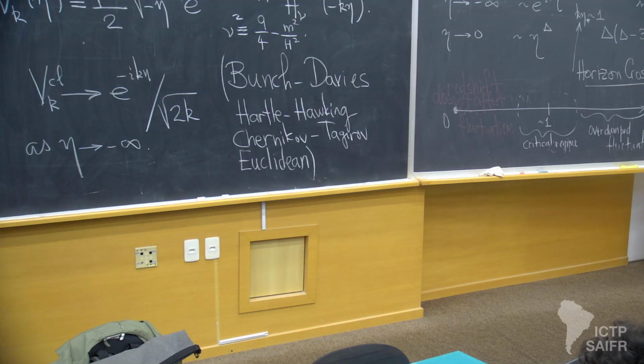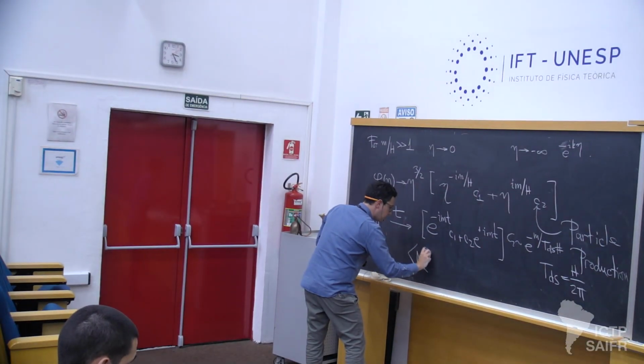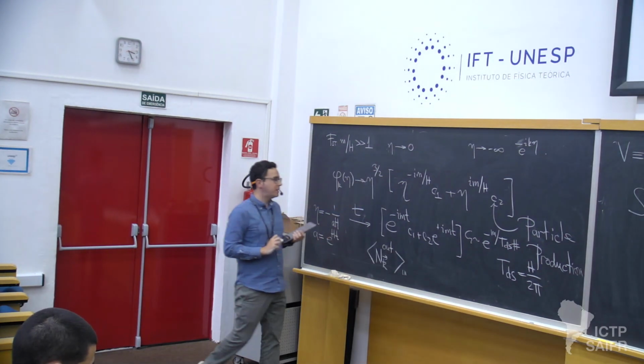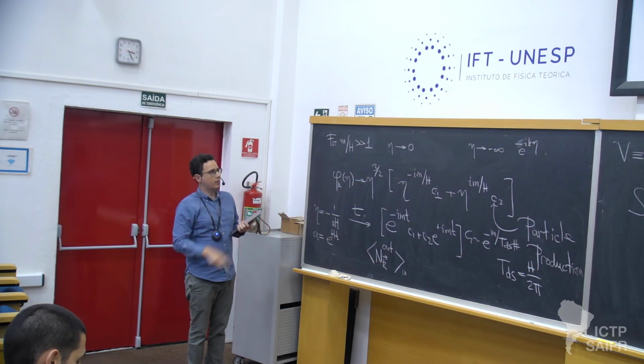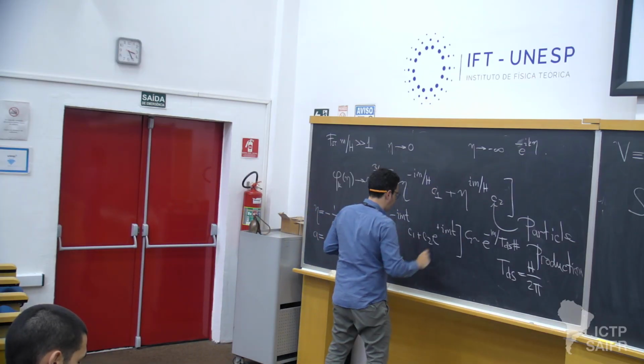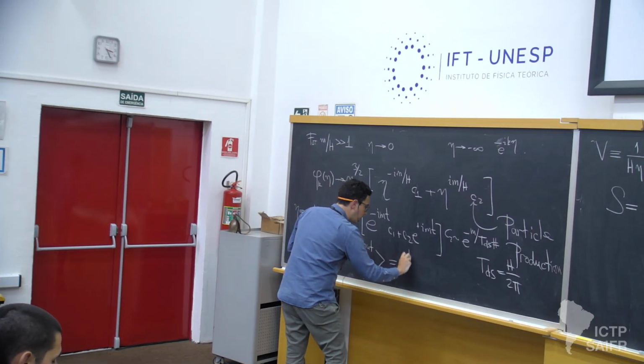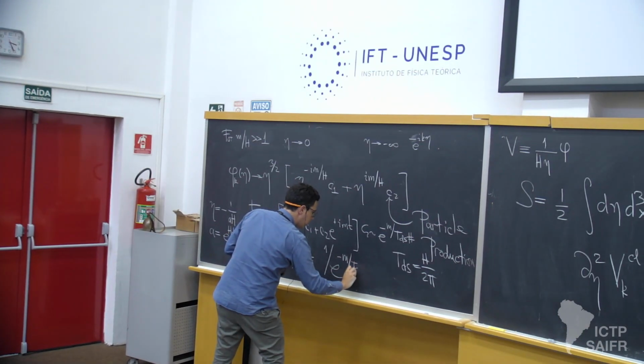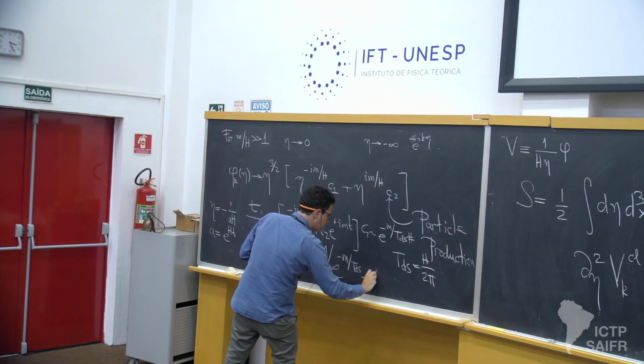If you were to quantize in a way that at late times you want this to be 0, then you would define what people call the out vacuum. And if you compute the number of out particles from the point of view of this in state, the Bunch-Davies state, the one where you quantize like so, then you get 1 over e to the m over T_dS minus 1.